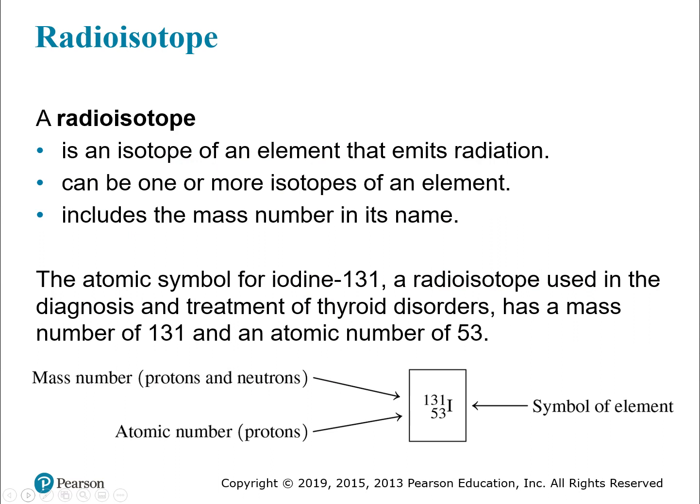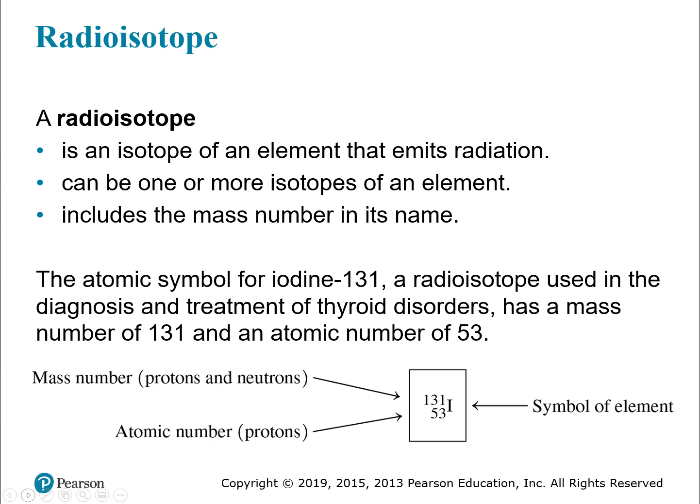A radioisotope is an isotope of an element that emits radiation. You can have multiple isotopes of an element that are radioisotopes, and you always want to include the mass number in the name. We have an example here for iodine 131, and that isotope is used to diagnose and treat thyroid disorders.